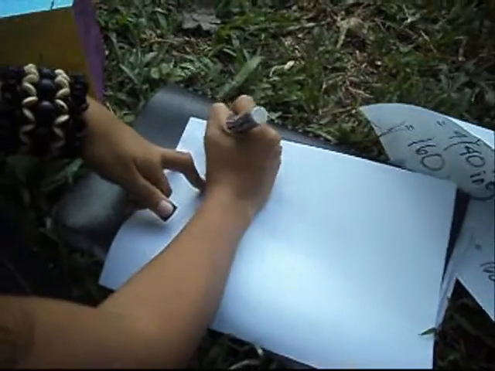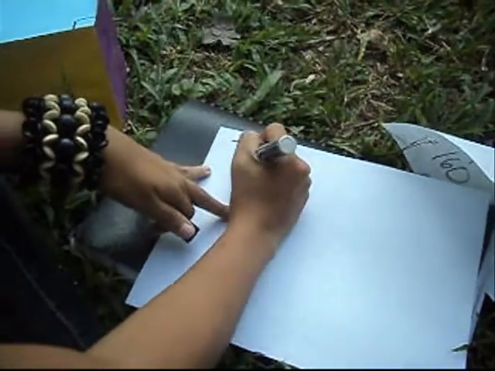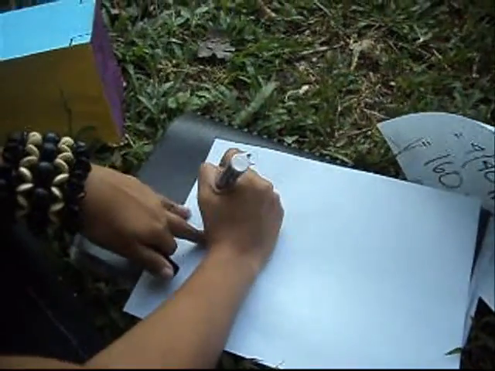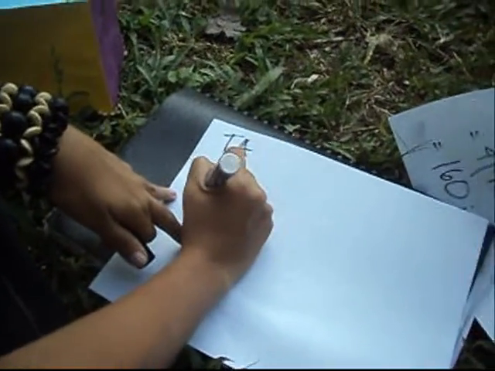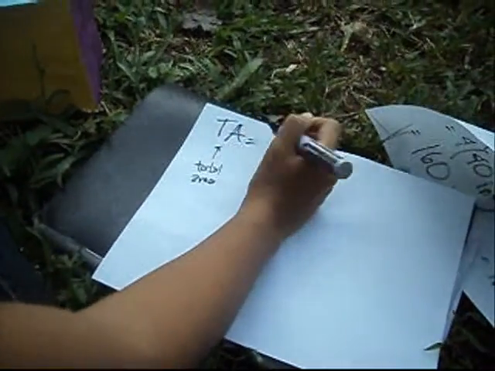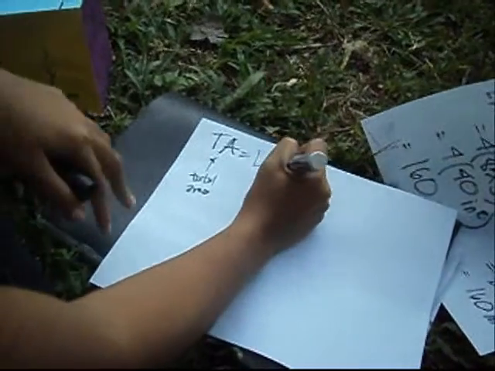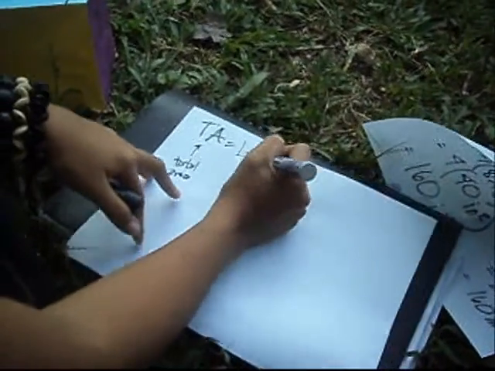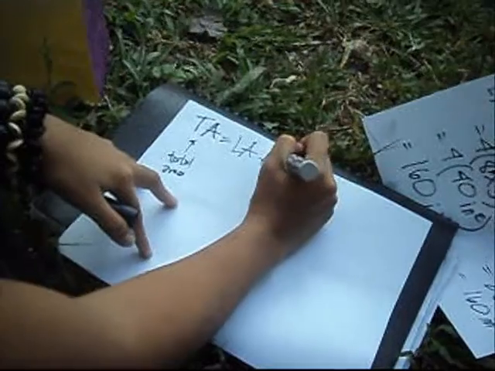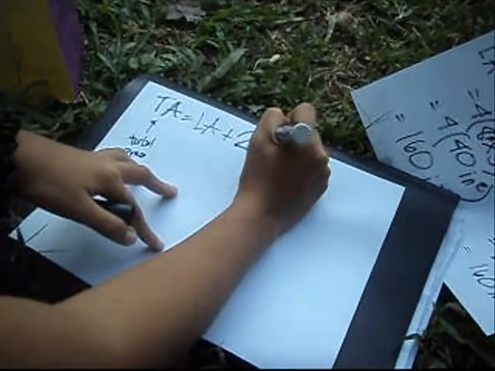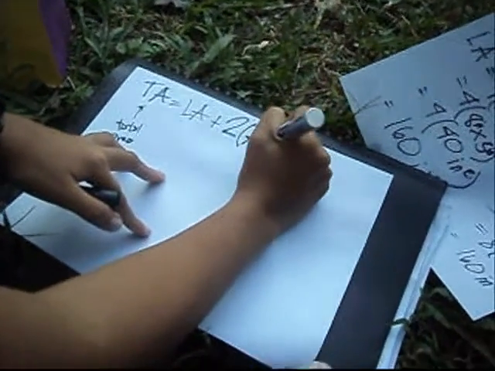Our total area, TA, is equal to the lateral area, or the S, plus the area of the bases.